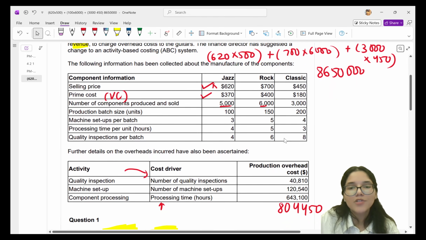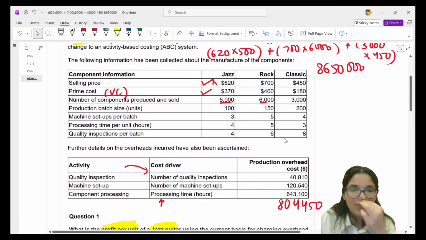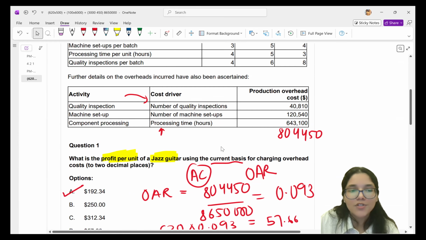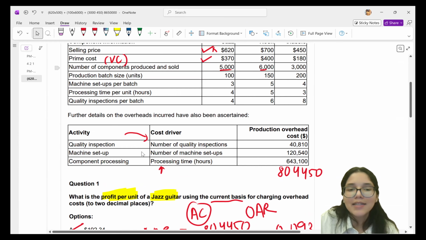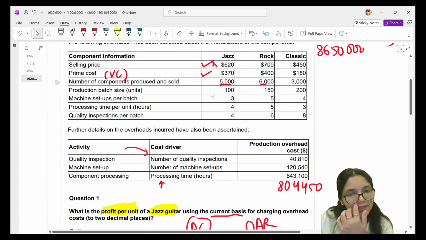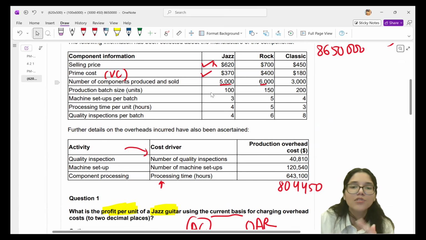So this is the information that is available. I have to use ABC costing. I have to look at the machine setup cost. You can see machine setup cost is driven by the number of machine setups. This is the number of times we have to set up per batch, and this is the number of components, and it's telling you how many products are produced in one batch.